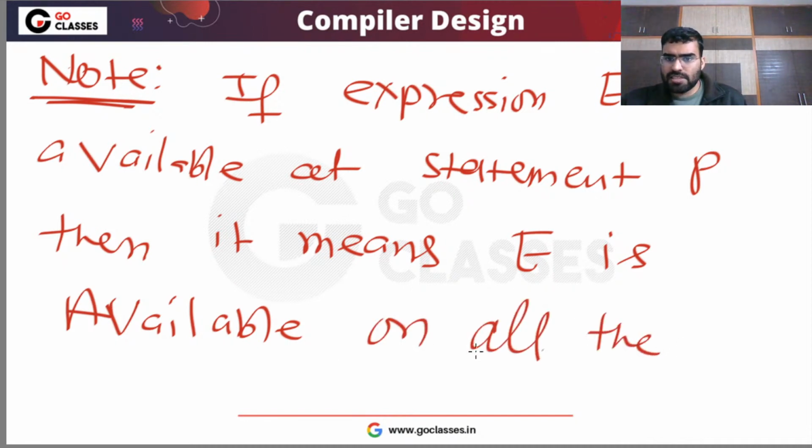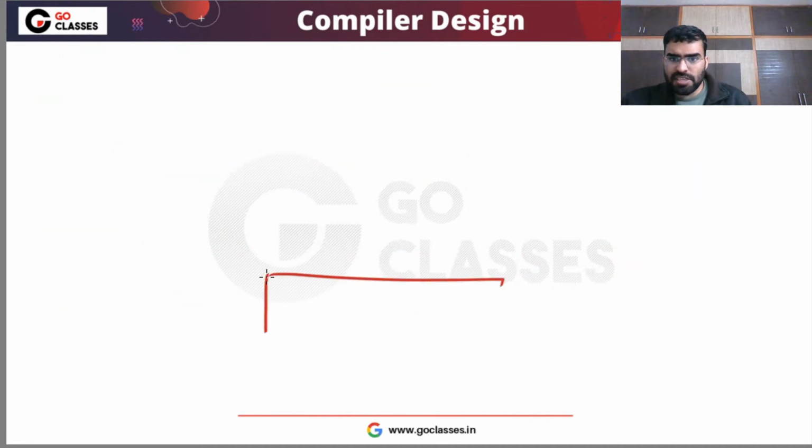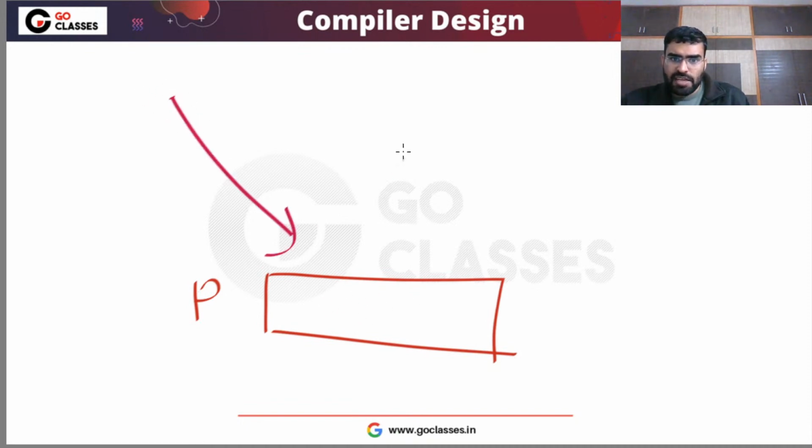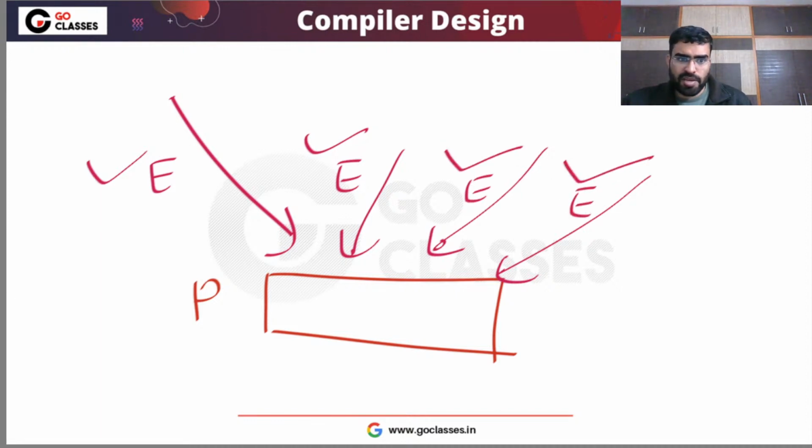On all the edges coming into P. So if you say that E is available at P, this is your P, then on every edge coming in, E must be available here, here, here, and here.